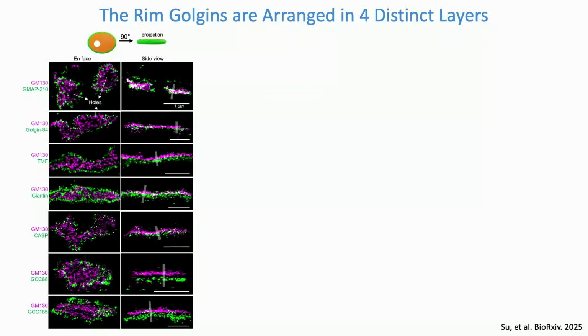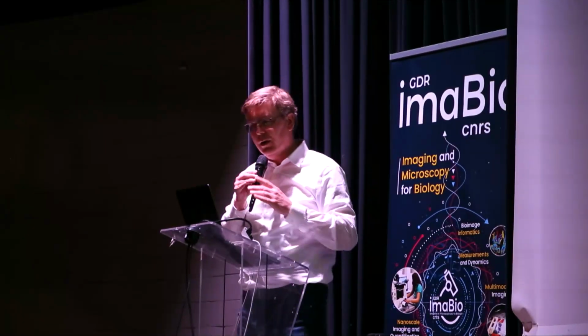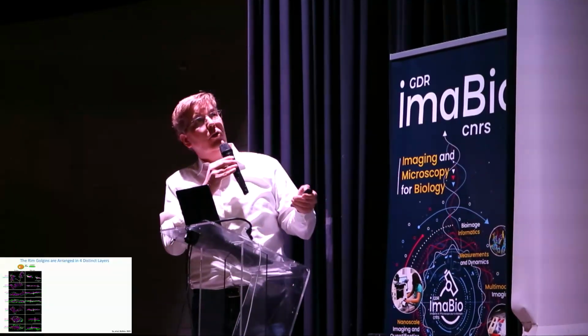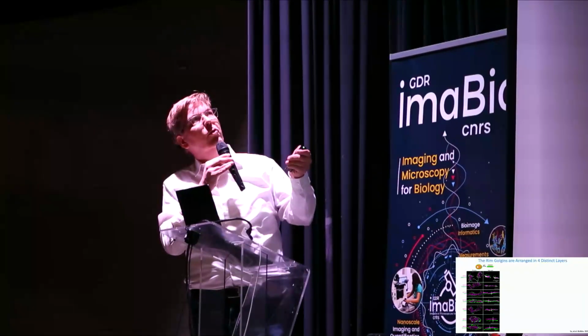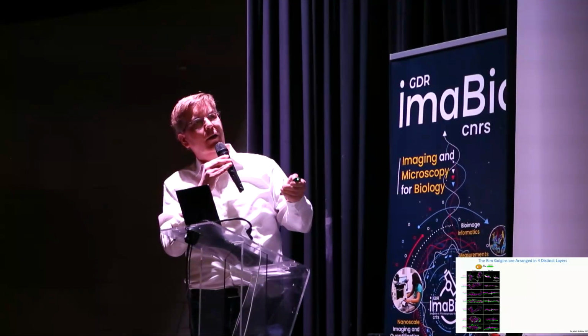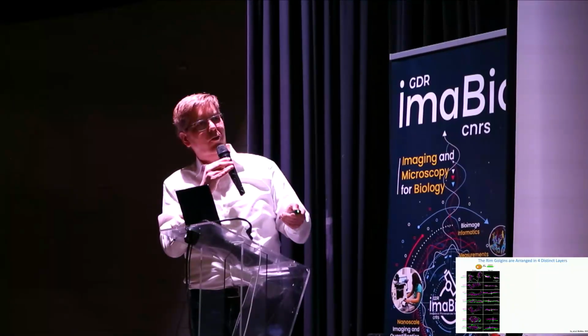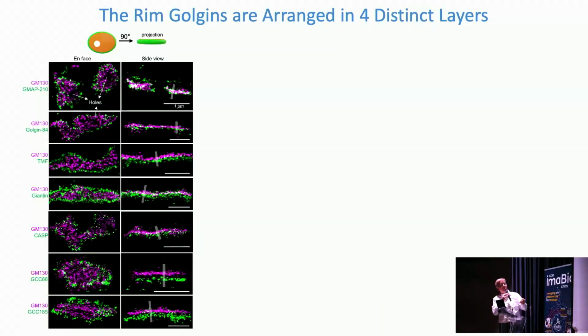Maohan then systematically did this for a large number of, essentially nearly all, Golgins. You can see already in this overview that, he always used GM130 as the reference, and sorted this way, the distance gets bigger and bigger.